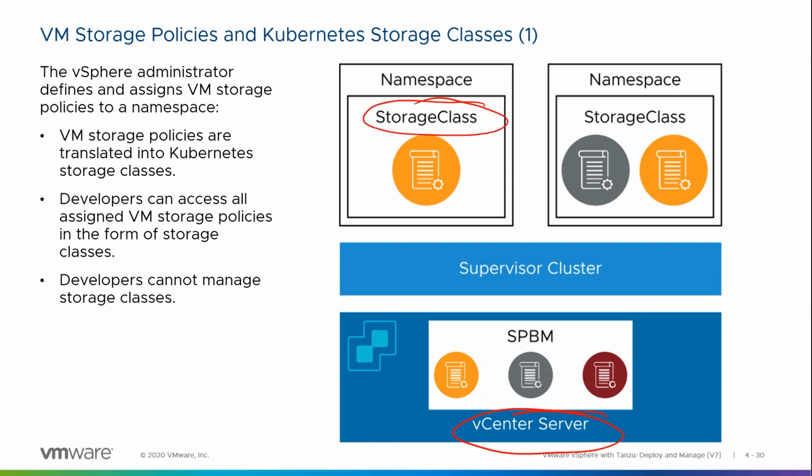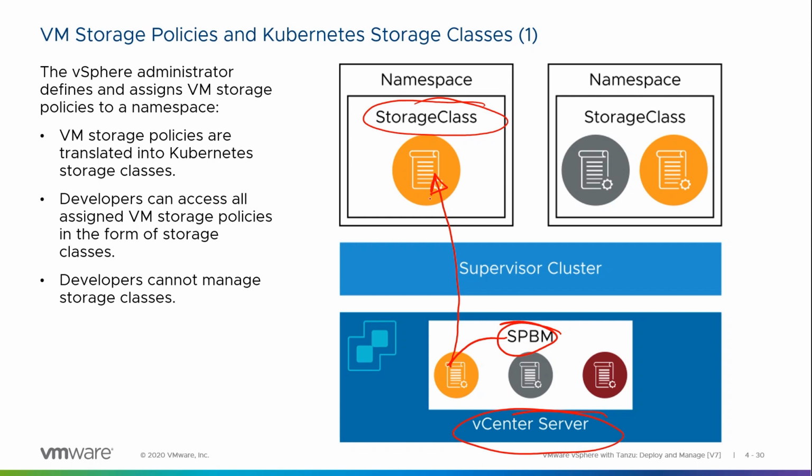So what's happening when we implement the CNS and we start targeting a specific SPBM policy is we're basically translating or correlating a specific SPBM policy down here, and we're going to define it up in Kubernetes as a storage class.